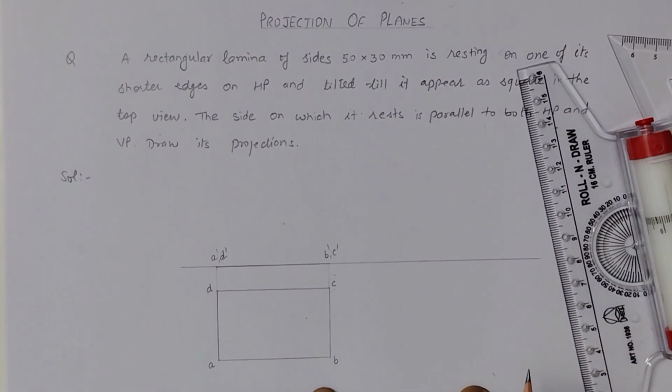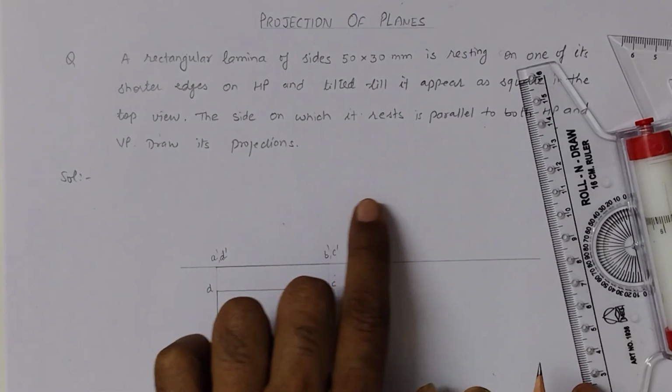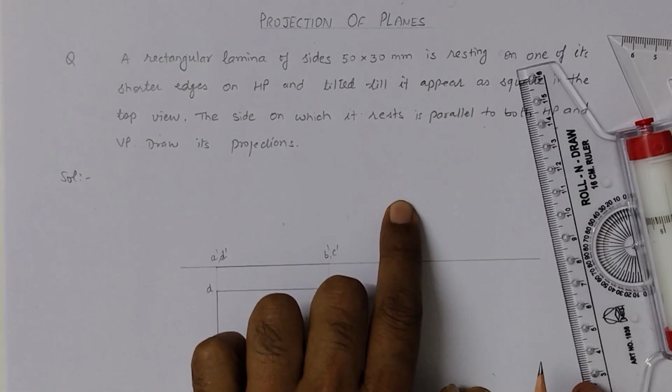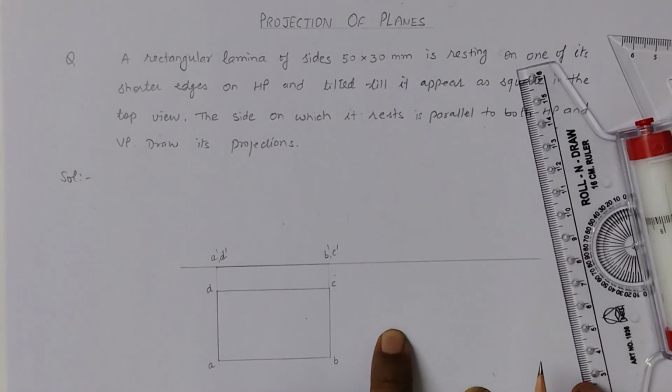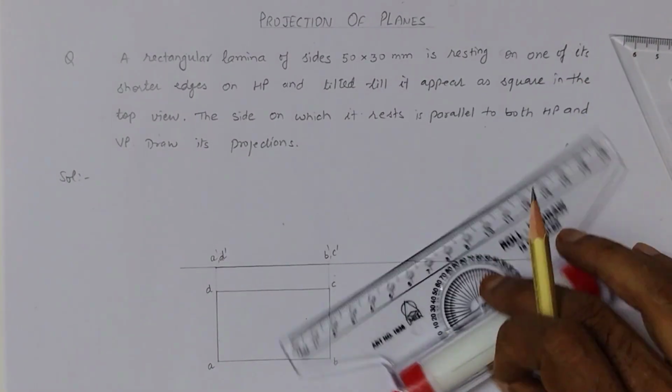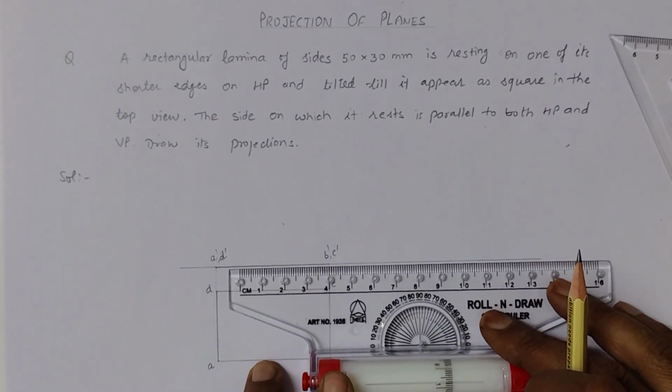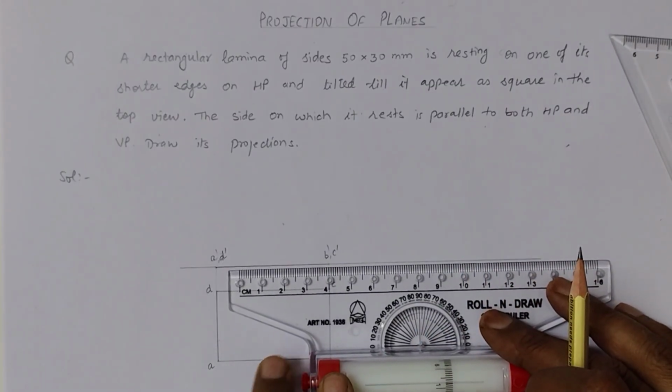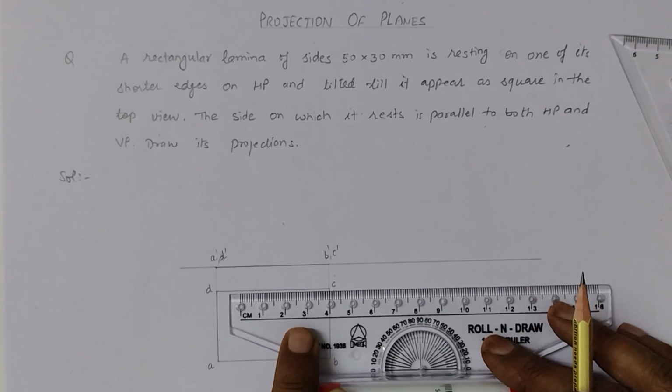Now in the second step, as the case is given, we have to tilt this projection in such a way that in the top view we get a square. So for that sake, extend the top view sidewise.